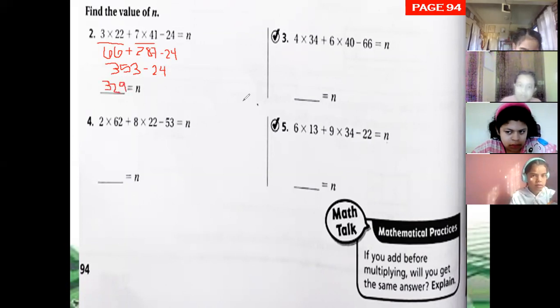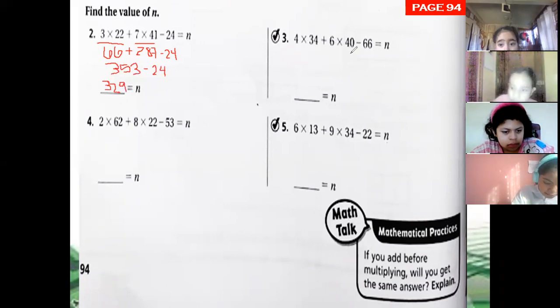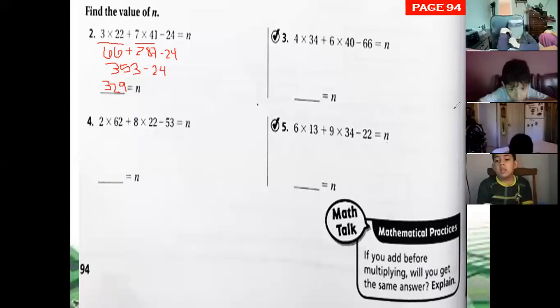That's the final answer. In exercise 3, what do we have to do first? 4 times 34 plus 6 times 40 minus 66. What is the first operation I have to do? Diego, are you copying?